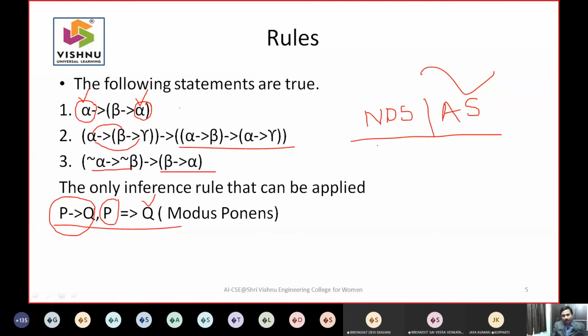NDA system or natural deduction system is a system where every operator is accepted, all the inference rules can be applied. But axiomatic system is a system where only implication is accepted, and in particular you should not use or, you should not use and, you should not use bi-implication. Only one rule out of 9 can be applied, which is modus ponens.